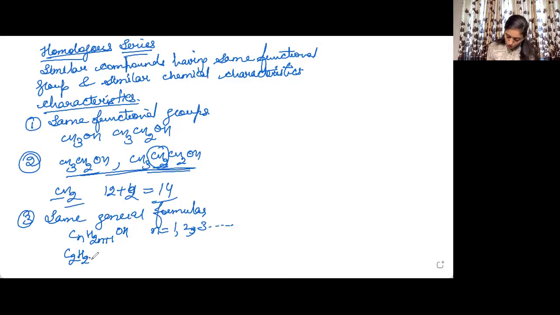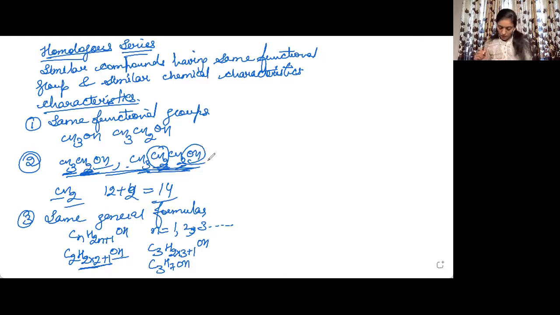C2H(2 into 2 plus 1)OH. Now, how many hydrogens are there? 3 plus 2, 5. So here you see it is 4 plus 1, 5. OH. Right? Same formula is applicable to this molecule also. So here n will be 3, C3H(2 into 3 plus 1)OH, C3H7OH. 3 plus 2, 5 plus 2, 7.